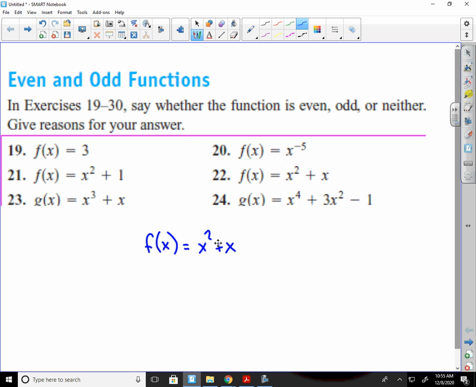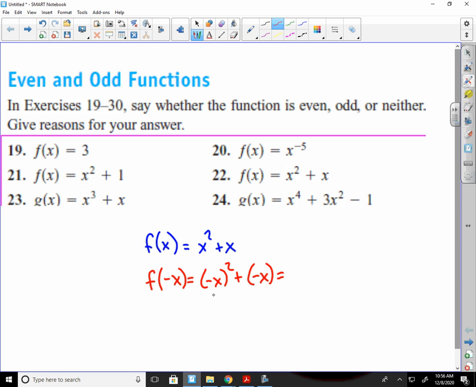All right, we have x squared plus x. What do I do first? Check to see if it's even, and I do that by plugging a negative x in everywhere I see an x. Negative x to the second power.